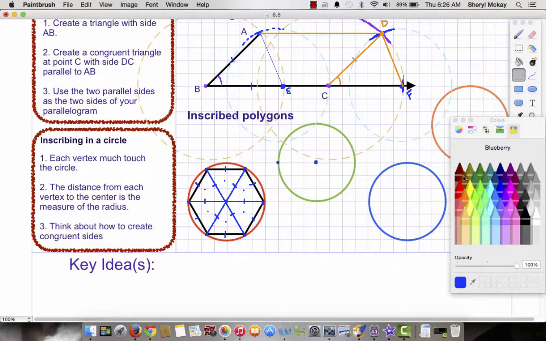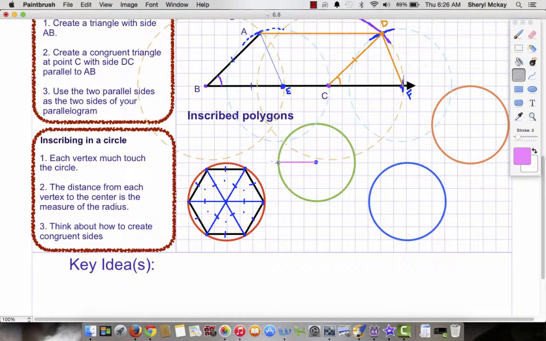And then, once you get that measured, I'm going to use very thin lines, maybe this color. Once you get it measured, you're going to take your compass point, put your point on this end, and measure up the same distance, and it'll probably be about here.